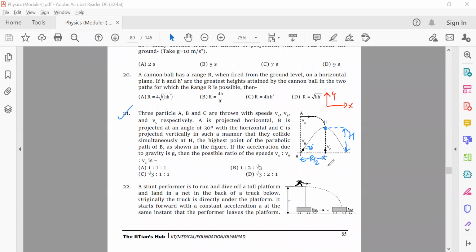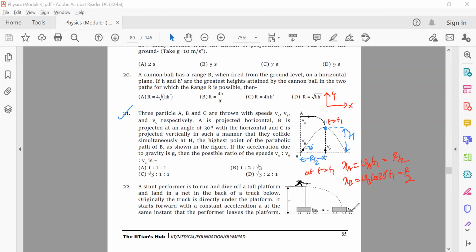Where the origin is does not matter. So if they collide here at some time t1, then at t equal to t1, the x displacement for A should be equal to VA into t1, and that should be equal to R by 2. The x displacement for B should be VB cos 30 into T1, and that should be R by 2.